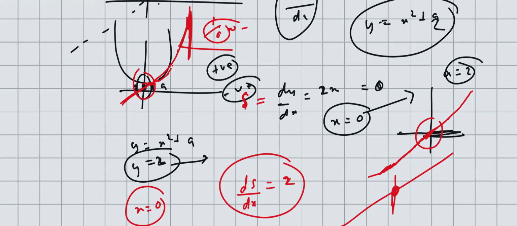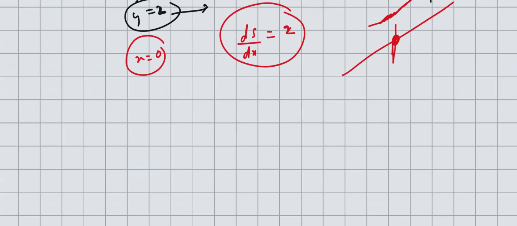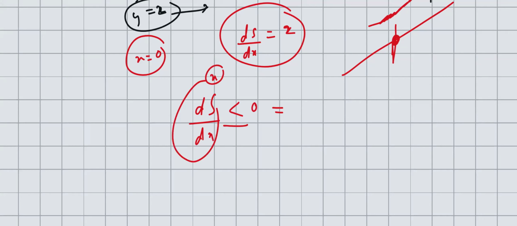So this is what we can think of in a way. Is that clear? Alright. So one thing is clear: if the differentiation of the slope comes out less than 0, whatever point you have chosen where your ds by dx is less than 0, that point is maximum.